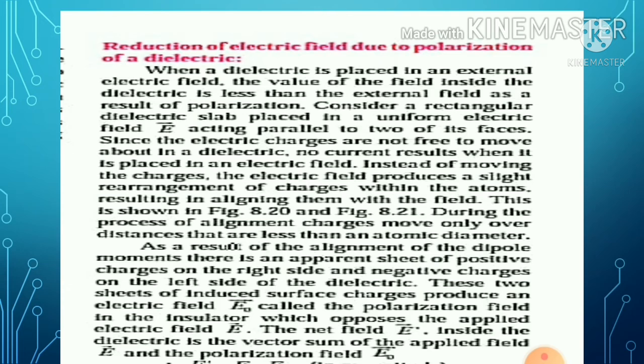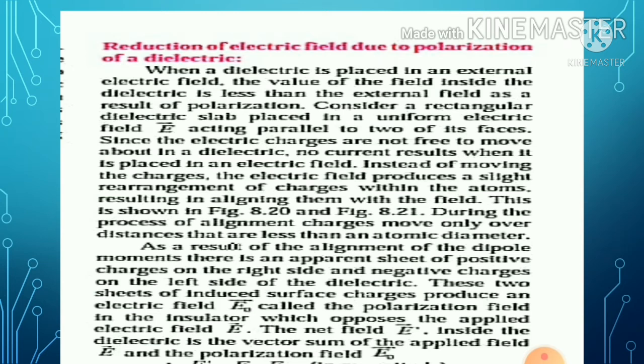We consider a rectangular dielectric slab placed in a uniform electric field E bar, acting parallel to two of its faces. Between two plates, we place the rectangular dielectric slab.